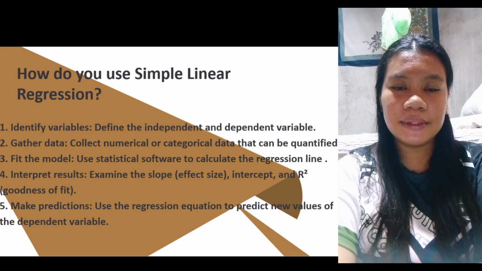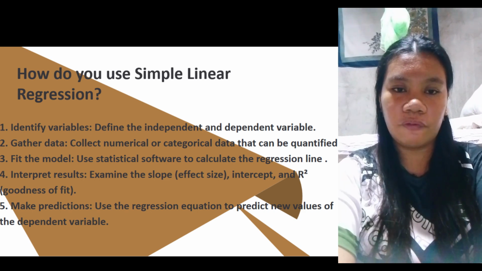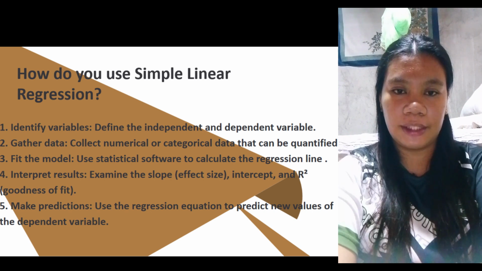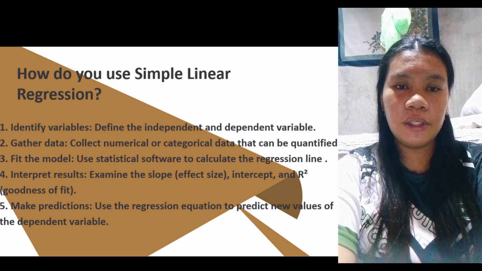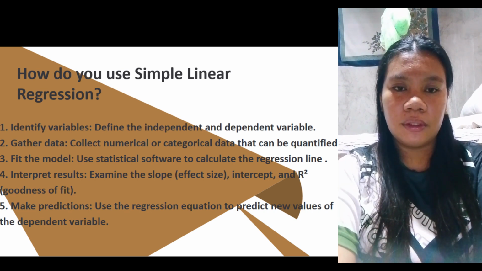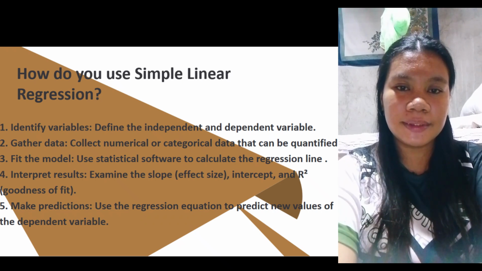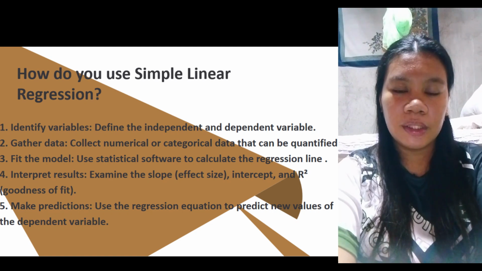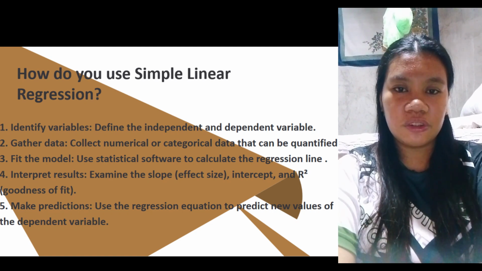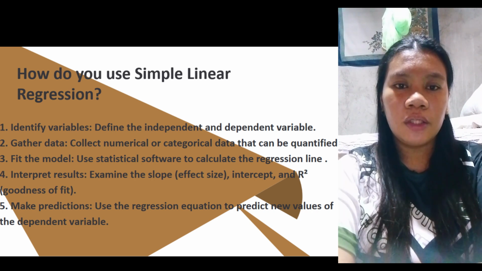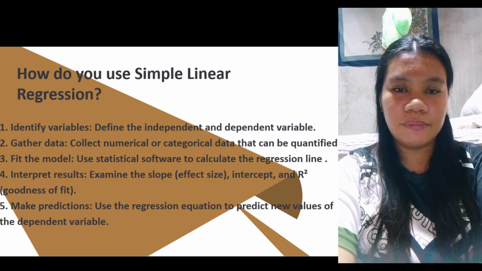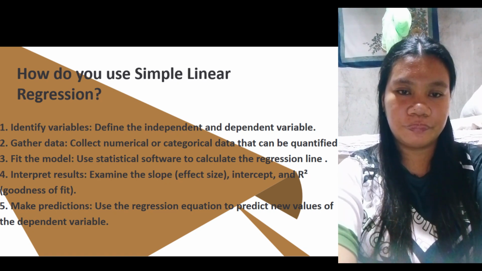We need to use statistical software to calculate the regression line. Four, interpret results. We need to examine the slope, intercept, and R2. Five, make predictions. We need to use the regression equation to predict new values of the dependent variable.